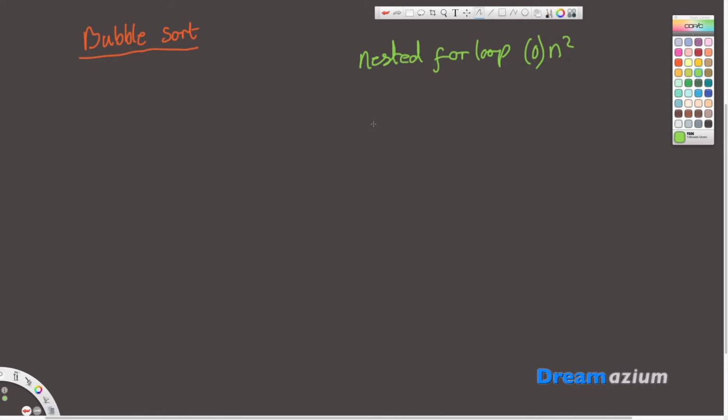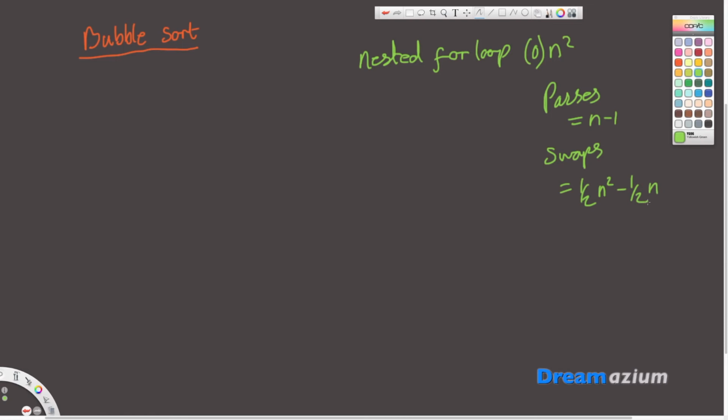It checks adjacent items one against the other and makes swaps. The number of passes it will make equals n minus 1, and the swaps for worst case scenario equals half n squared minus half n.